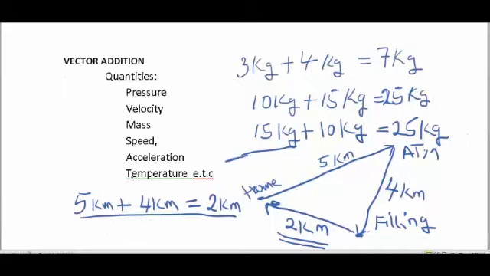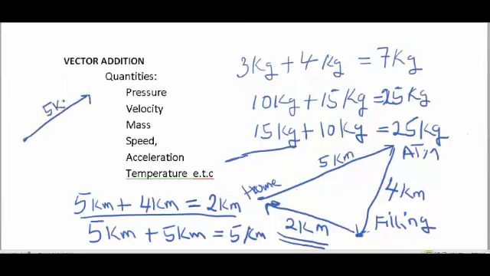In fact, sometimes with displacement, 5 kilometers plus another 5 kilometers can be 5 kilometers again. Let's see this one. It's possible you move 5 kilometers, then you move again to another location which is also 5 kilometers.